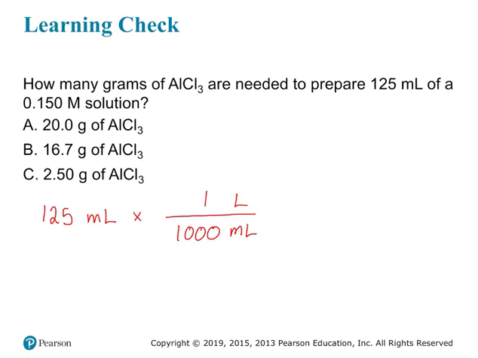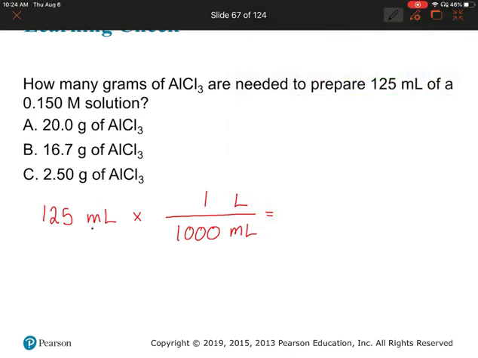Okay, so we're just going to cancel our units. So we end up with liters. And if we summarize or simplify this, we get 125 divided by 1,000 liters.